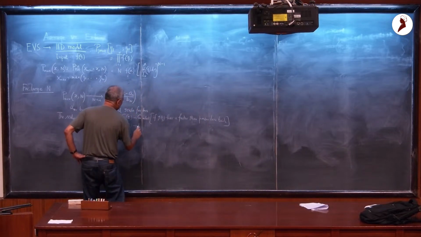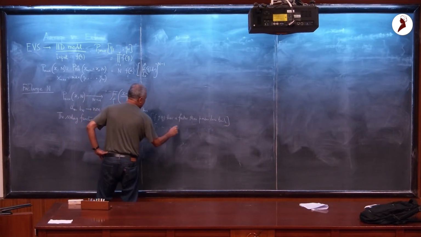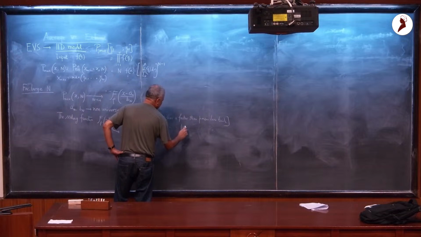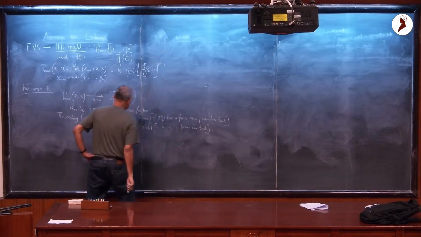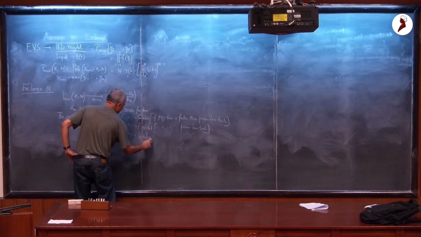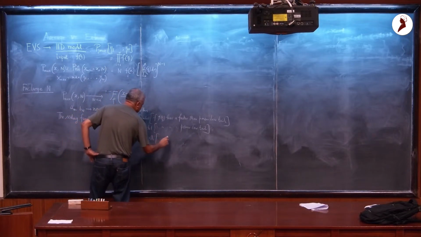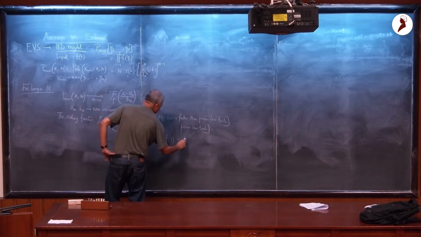This is given by the Fréchet form if f(eta) has a power law tail, and is given by the Weibull form if f(eta) is bounded above.